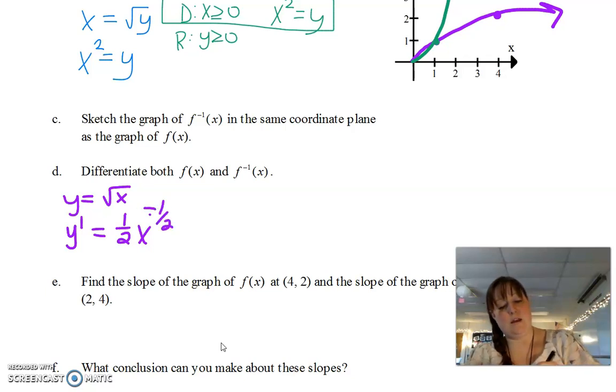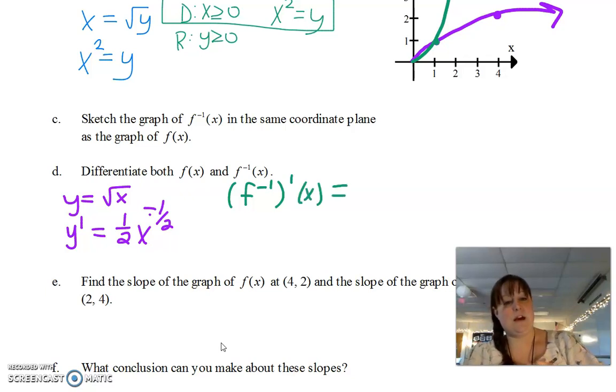Now if I'm going to differentiate the inverse, the derivative of the inverse equals 2x, and that's it.